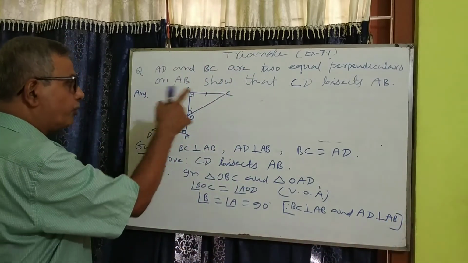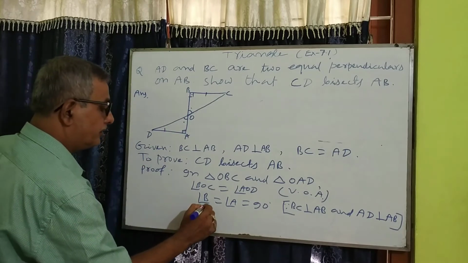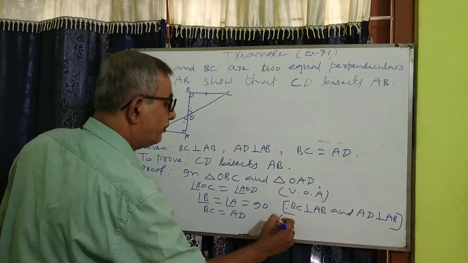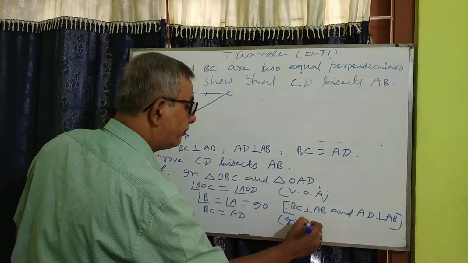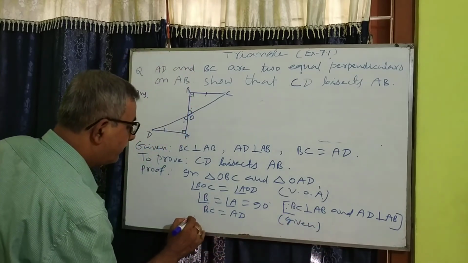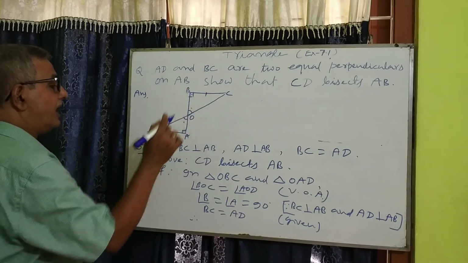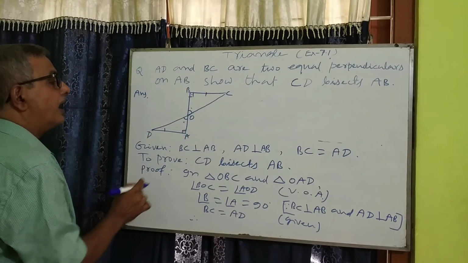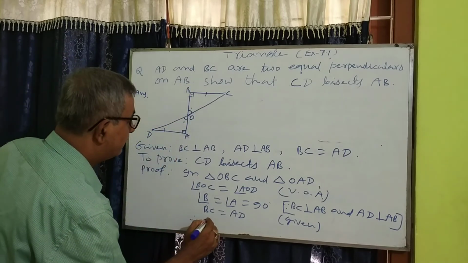Now one more thing. BC is equal to AD. Why is it so? Given. Therefore, what happens? These two triangles are congruent.